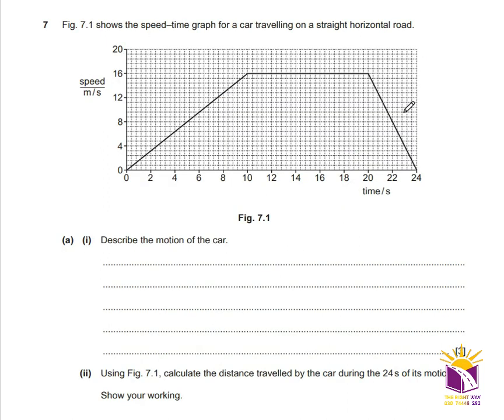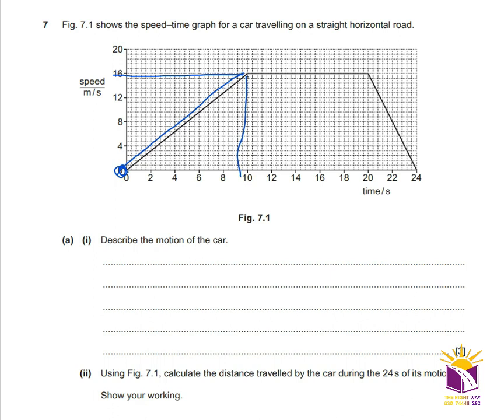Figure 7.1 shows the speed time graph for a car traveling on a straight horizontal line. Describe the motion of the car. From this graph we can see that at the start the body is at rest. It accelerates till 10 seconds, and at 10 seconds its velocity becomes 16 meters per second, accelerating uniformly or at a steady rate.